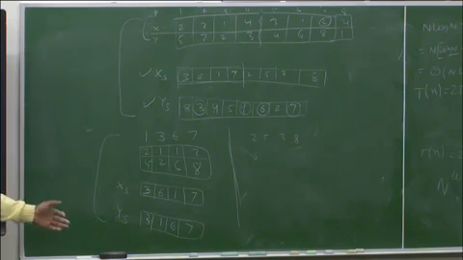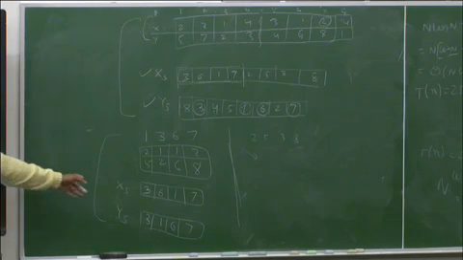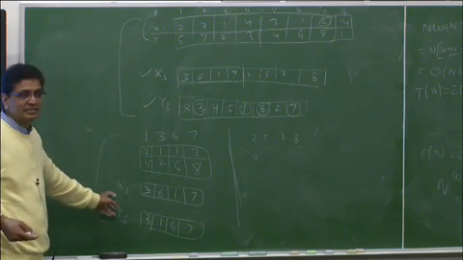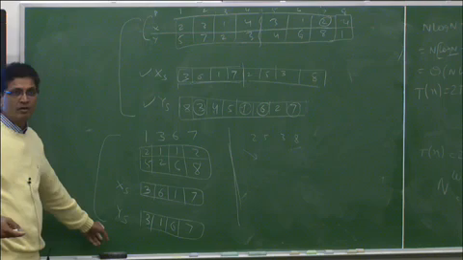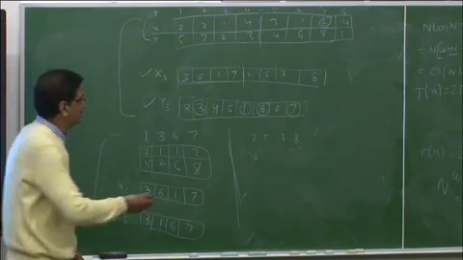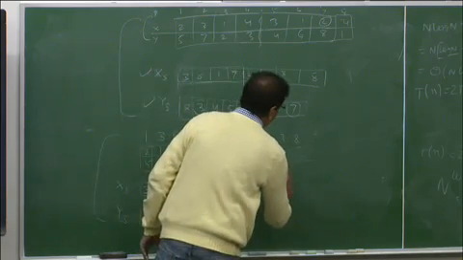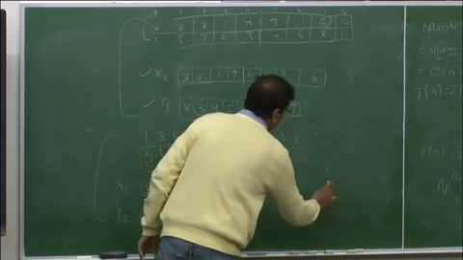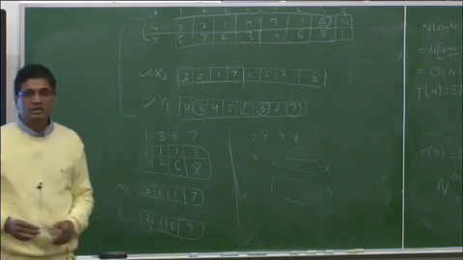What's the advantage of doing this? The advantage is now I don't need to sort these points anymore because these are already sorted for me along the y-axis. Similarly, the right-hand side, I'll have it sorted along x and y-axis again.